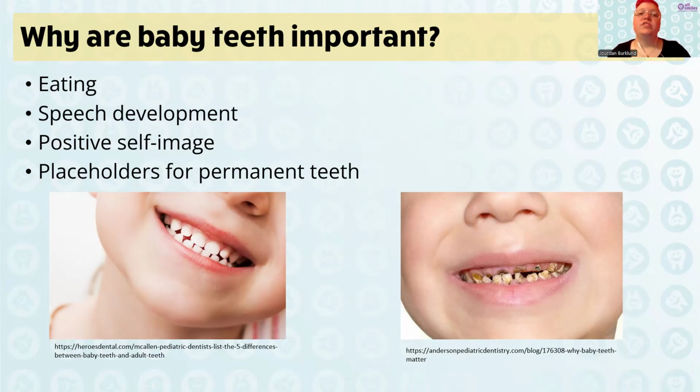If you lose baby teeth a little too early, then when the adult teeth come in, they may come in crooked, meaning the child will need braces eventually, which can be very, very expensive and take a lot of time and effort. So these are some of the many reasons why baby teeth are very important.